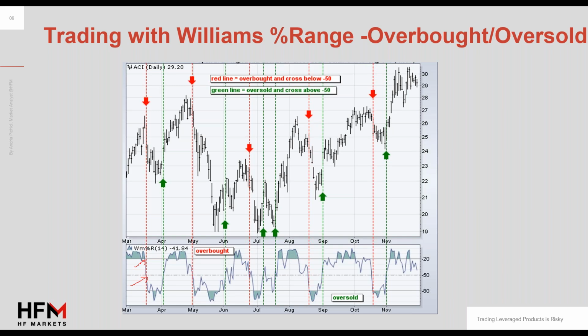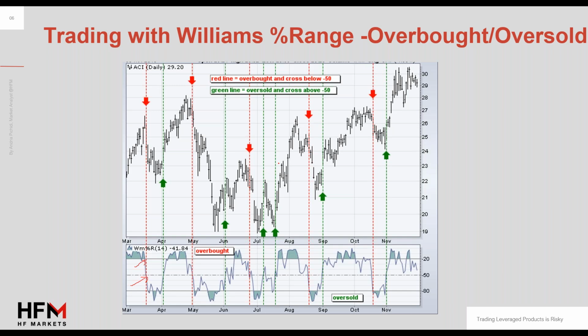Or if you haven't missed it and you already have a short position open, once you see a move below -50, you can add to that position, because the cross below -50 means that it is a very strong downtrend and there is still strong momentum to the downside.